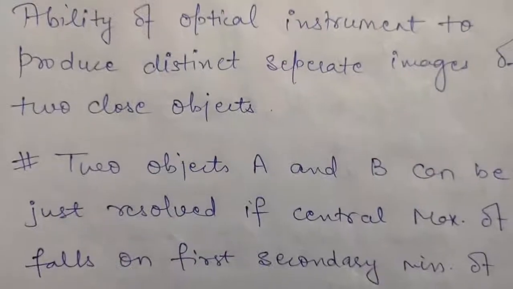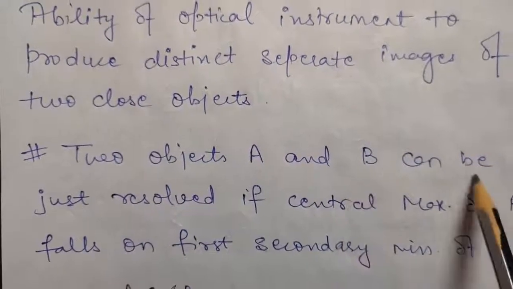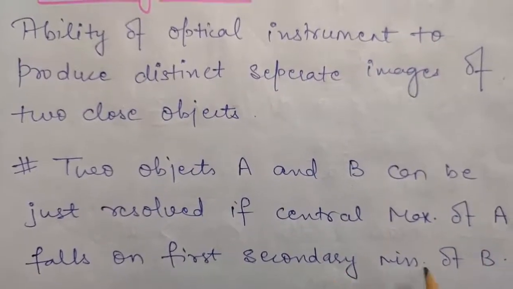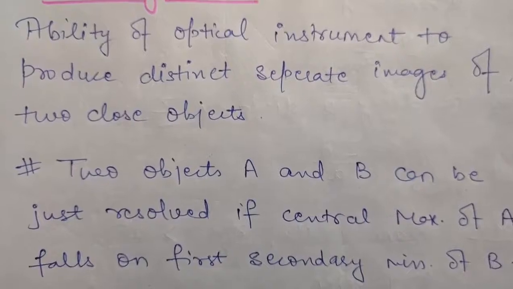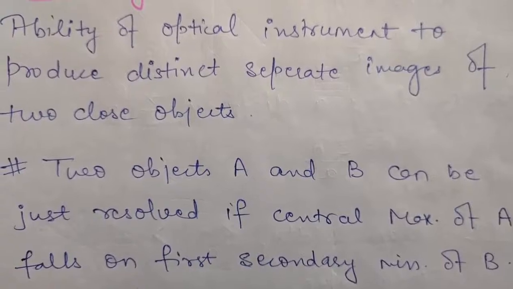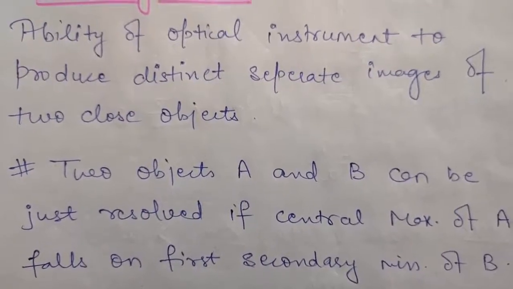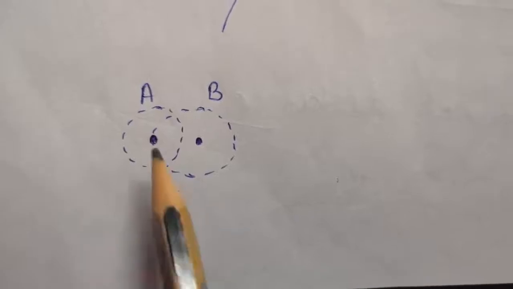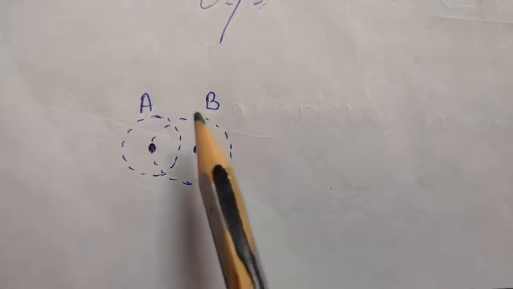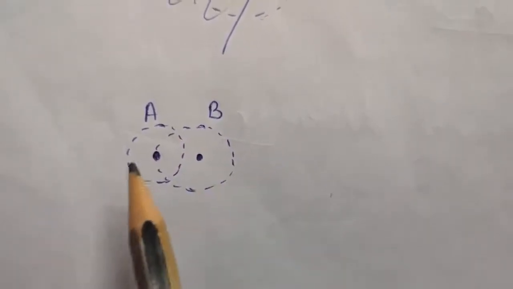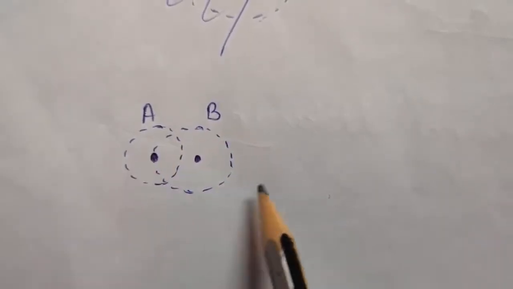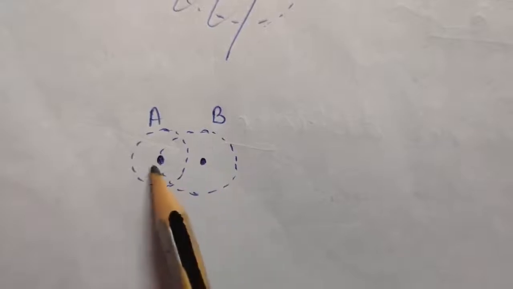It was seen that two objects A and B can be just resolved if the central maxima of A falls on the first secondary minima of B. That is, the minimum distance between the two objects to be resolved is such that the central maxima of A falls on the first secondary minima of B. For example, look here, this is the central bright spot for A and B, and this is the first secondary minima of B. Here, as you can see, the central maxima of A is falling on the first secondary minima of B, so at this distance they can be resolved.